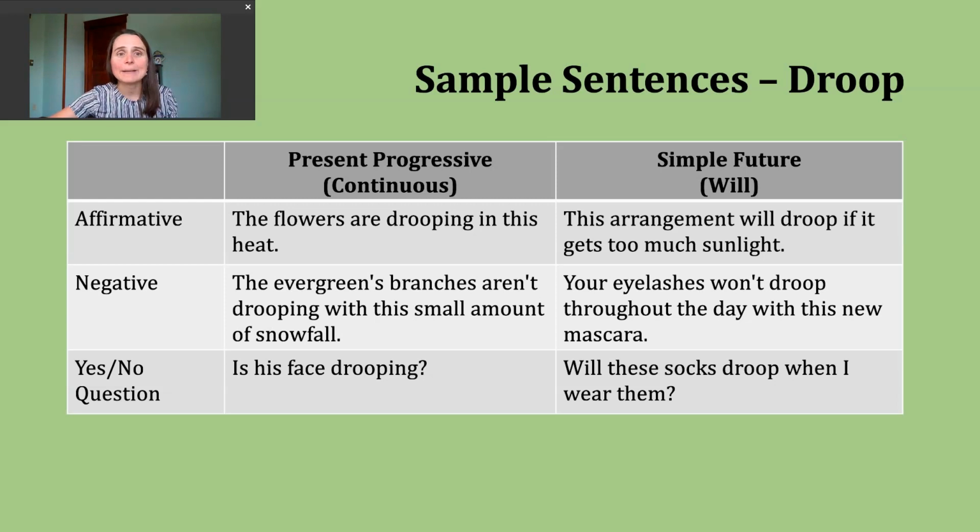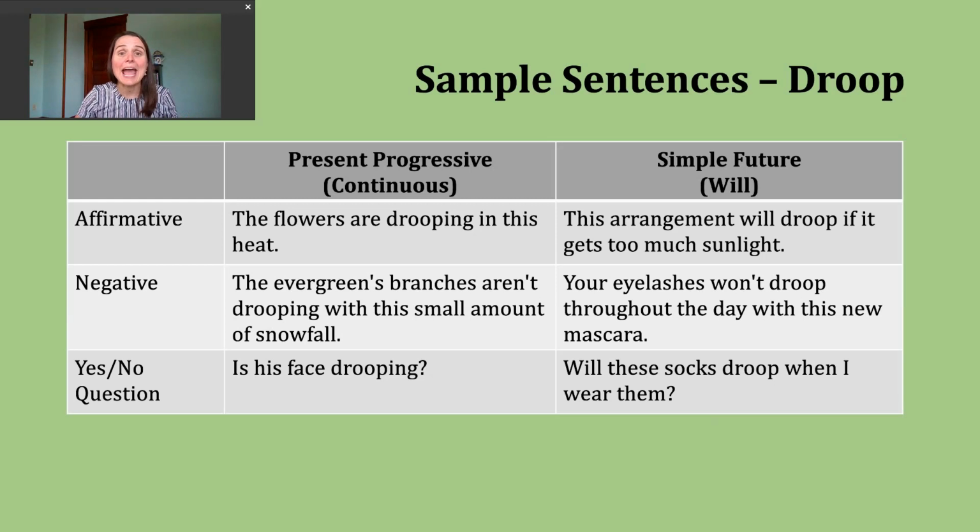And it's really common to hear the present progressive used to describe some action that is happening now. You might also hear it used to describe an action that is in progress, so the time period is not yet complete. Okay.